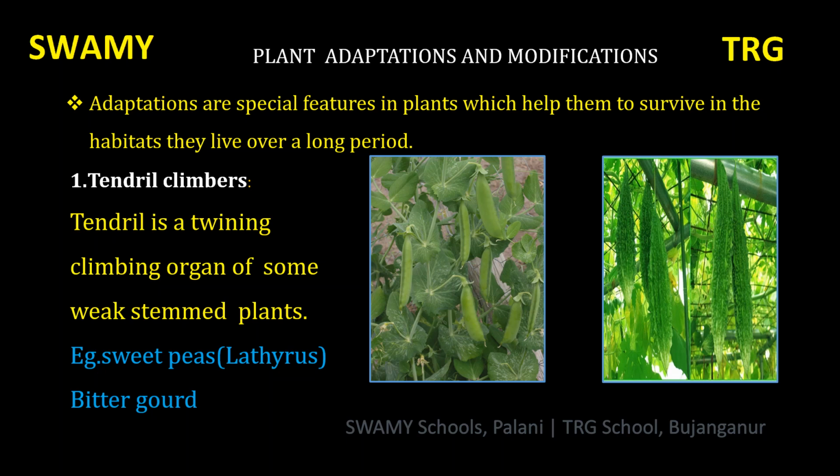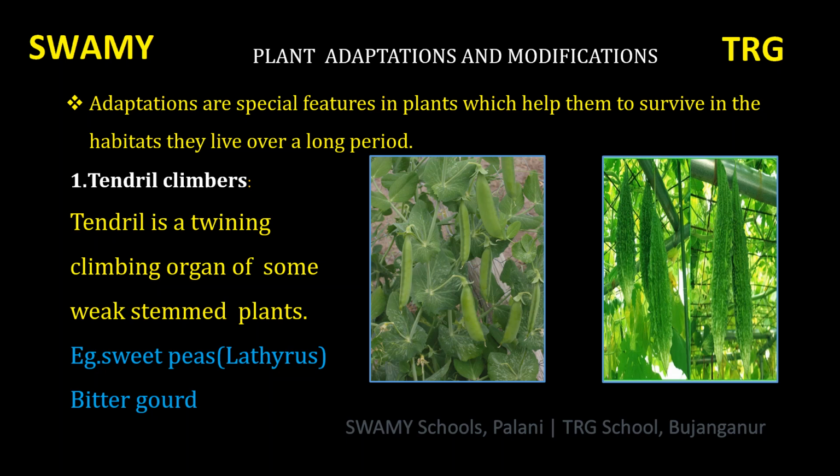Plants in a specific environment have developed special features which help them to grow and live in that particular habitat. These adaptations are seen in plants which live in terrestrial and desert habitat.